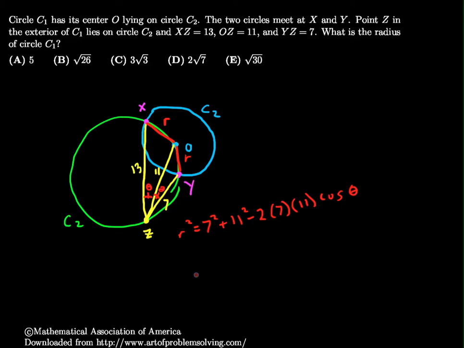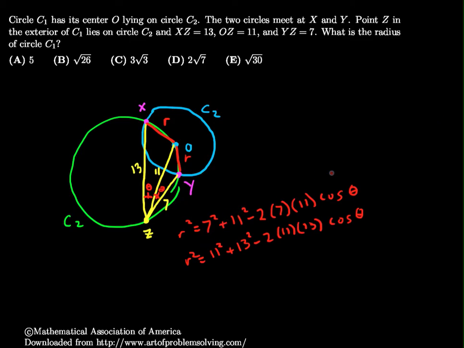And this other one, R squared equals 11 squared plus 13 squared minus 2 times 11 times 13 times the cosine of theta. I'll solve both of these for cosine of theta and then set them equal to each other, because that will get rid of the cosine thetas and leave me with an R, and I can find that R.